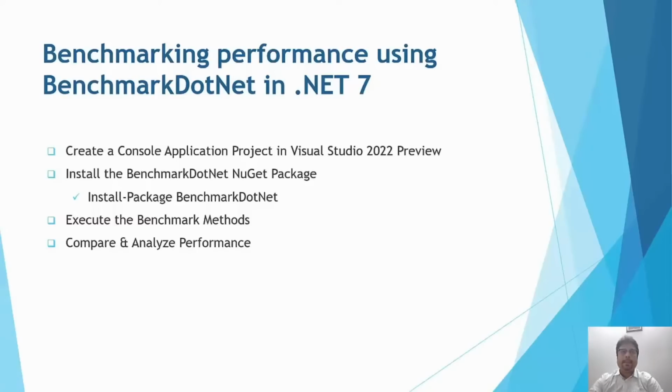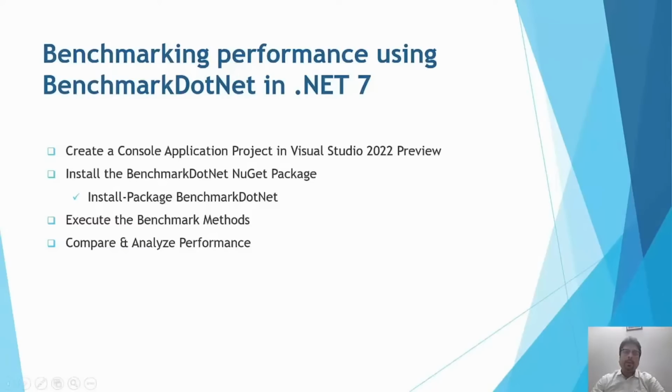So here are the steps that we will be following to get started with BenchmarkDotNet in .NET 7. We will create a console application project in Visual Studio 2022 Preview. We will install the BenchmarkDotNet NuGet package into our project. We will execute the benchmark methods, and then we will compare and analyze performance.